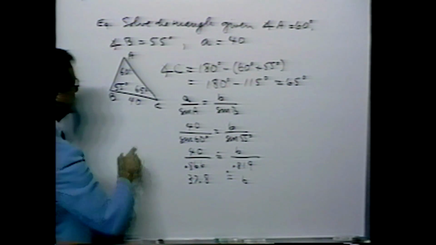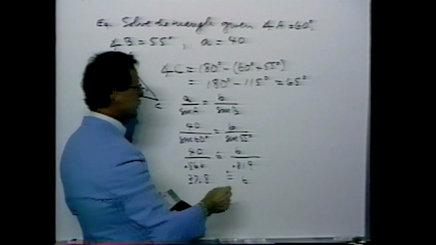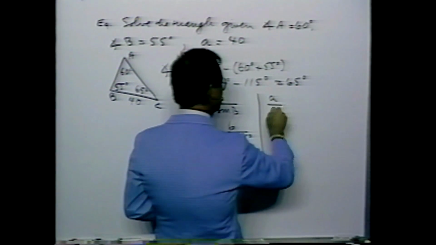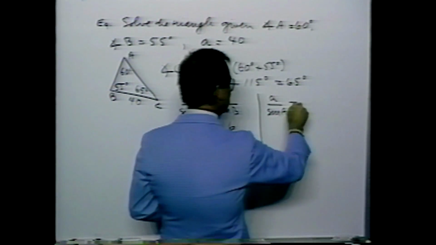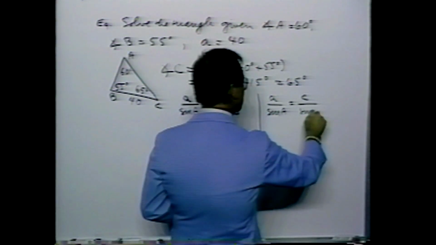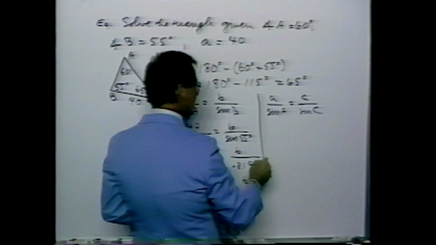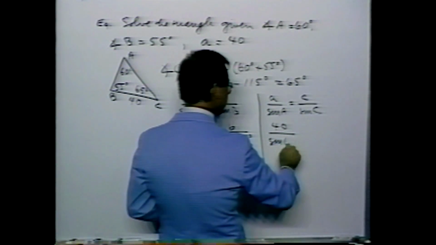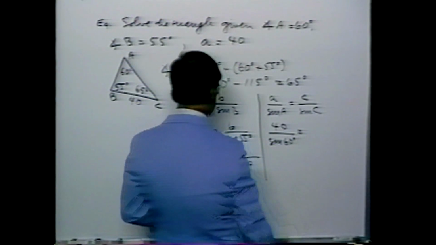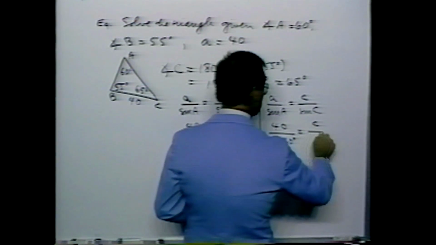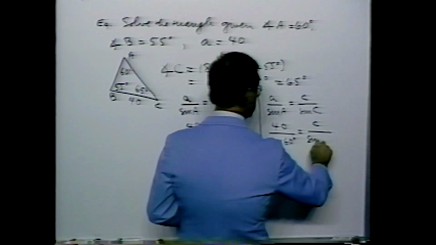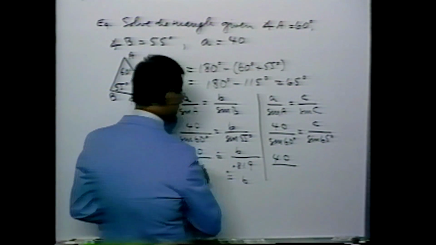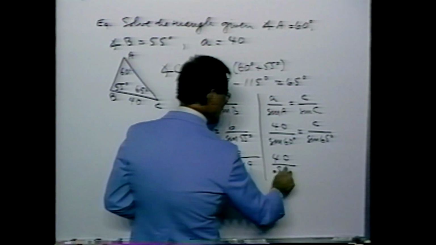We have one more component to find, and that is C. We begin again and write A over sine A equals C over sine C. Filling in the values that we know, 40 over sine 60 degrees is equal to C, which is not known, over the sine of 65 degrees. Using the calculator again, we can quickly fill in these amounts.